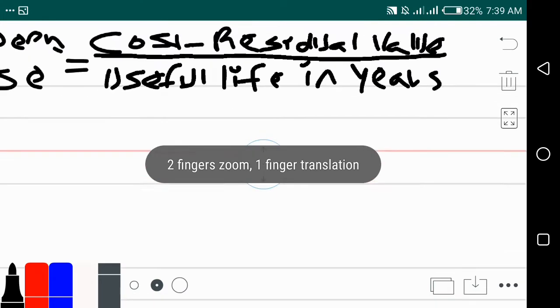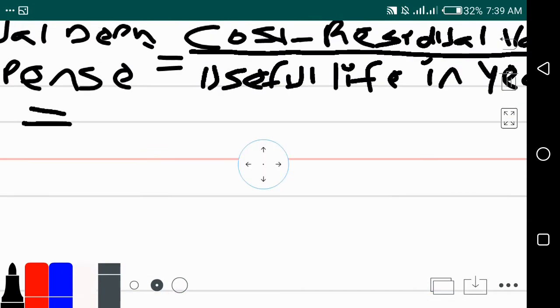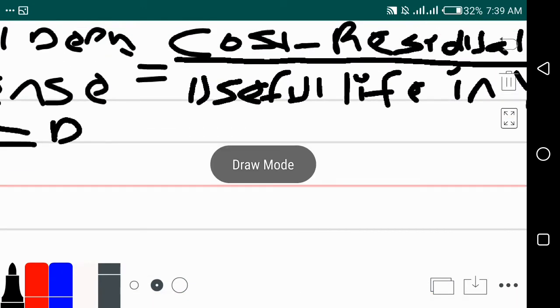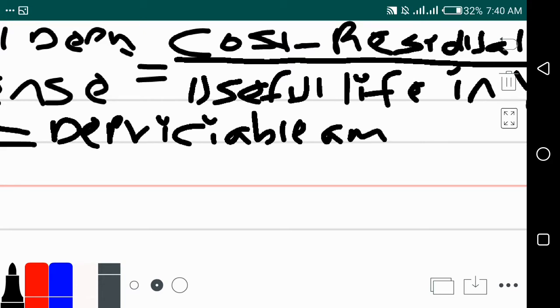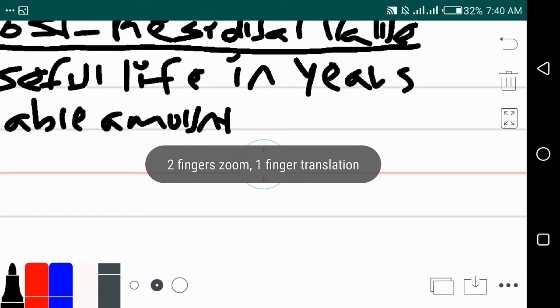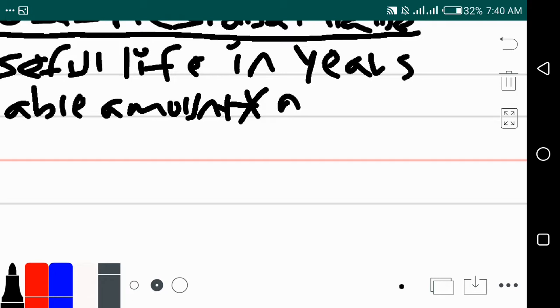Or there is another method. We can calculate the annual depreciation expense using annual depreciation expense is equals to the depreciable amount multiplied by depreciation rates.